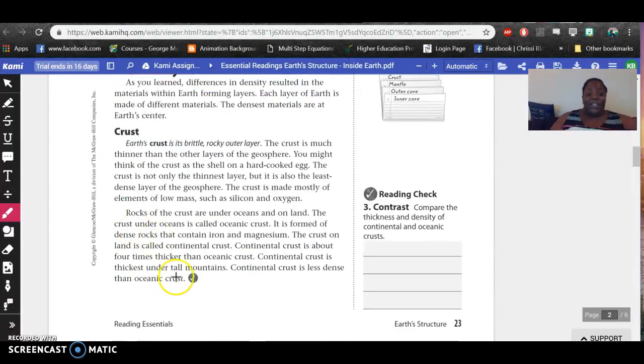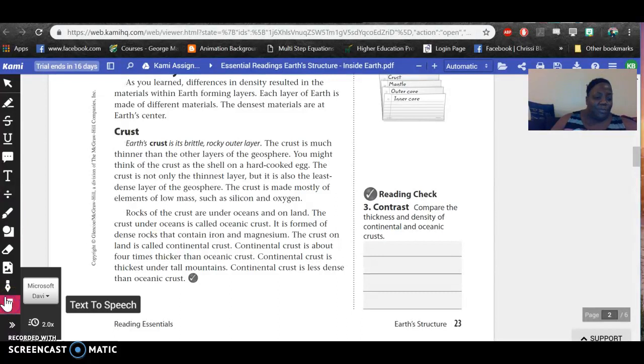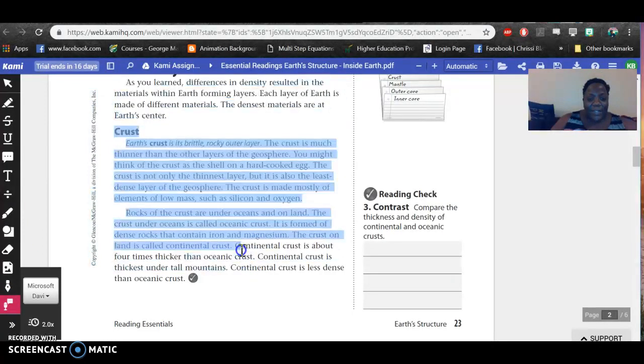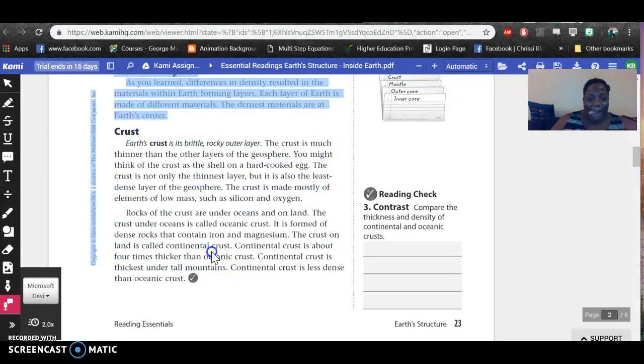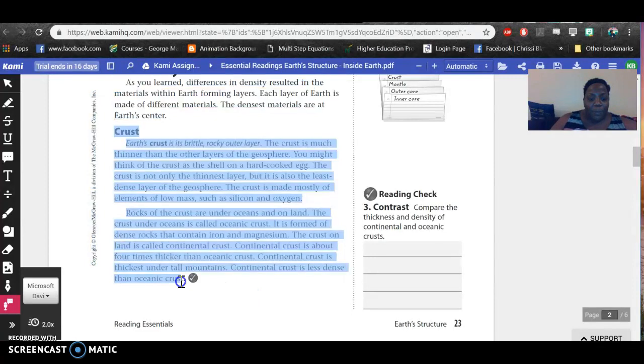Anyway, so let's talk about the crust. Let's see if I can get the computer to read. I'm using the Kami app again. This is perfect. I'm hoping more people will pick up on this app and use it to help you with the reading. Let's see how it does. There we go.